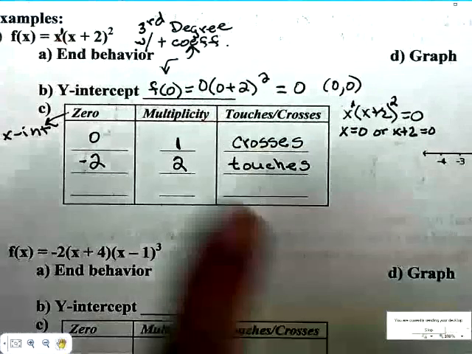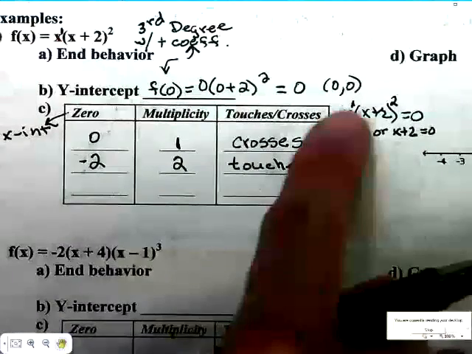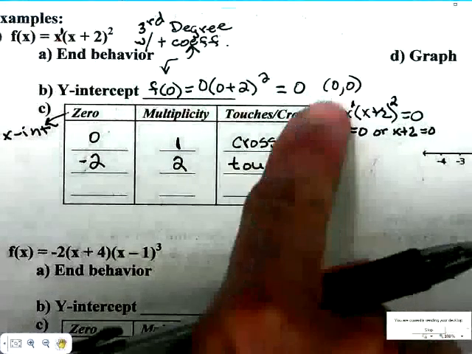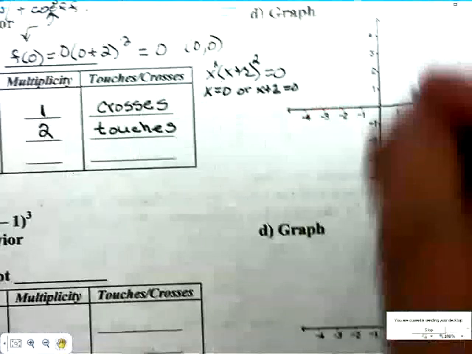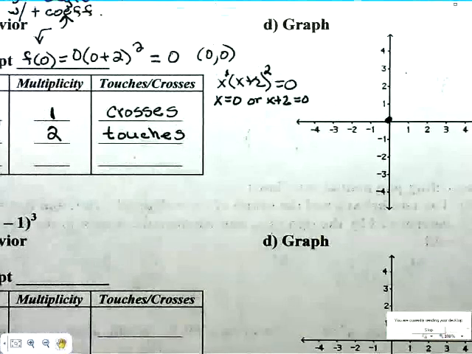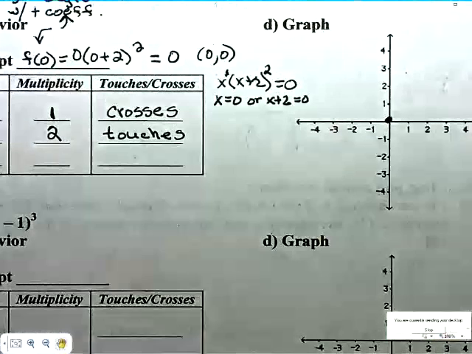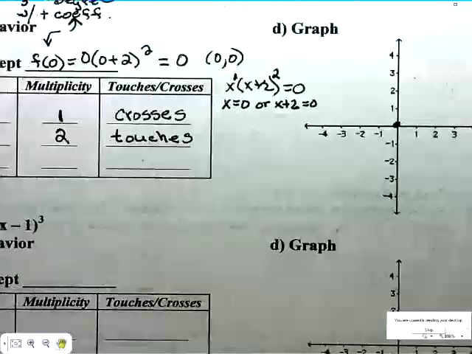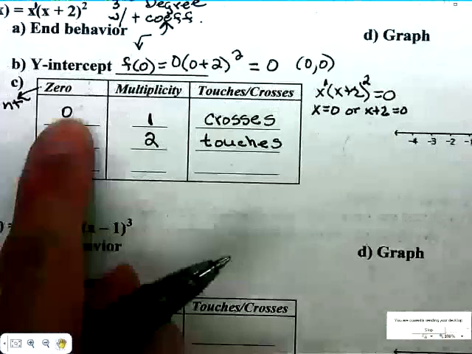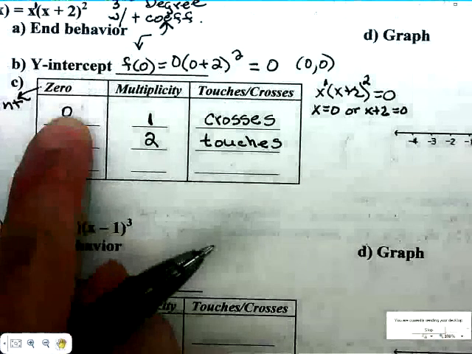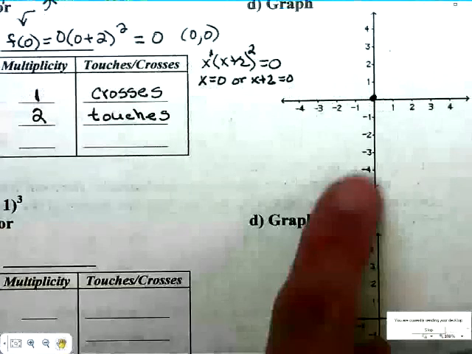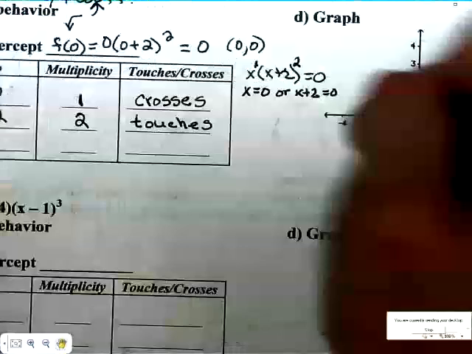By the B part, I know that the y-intercept is 0. I'll go ahead and plot that. By the C part, I know that 0 is an x-intercept, which I already have graphed, and -2 is an x-intercept. So I'll go ahead and plot that.